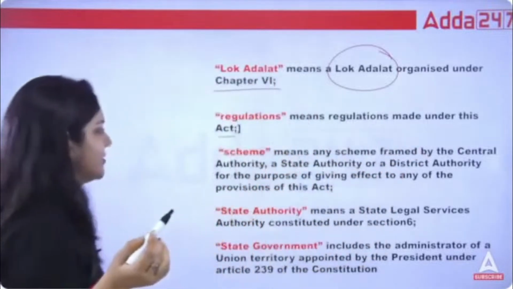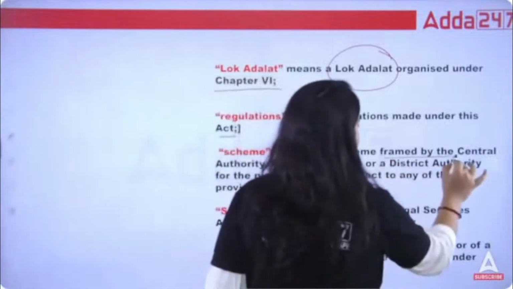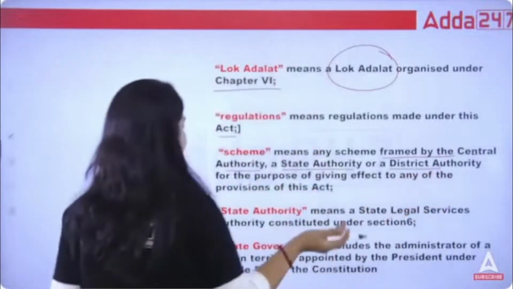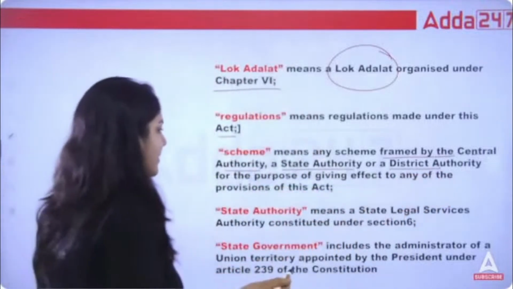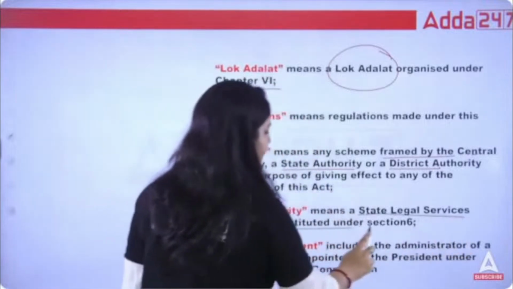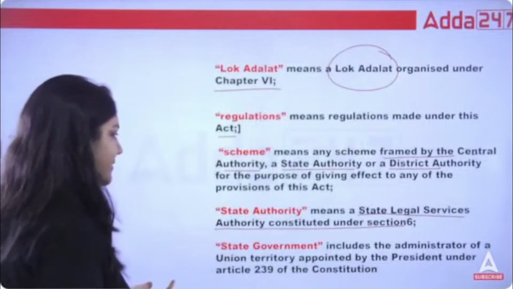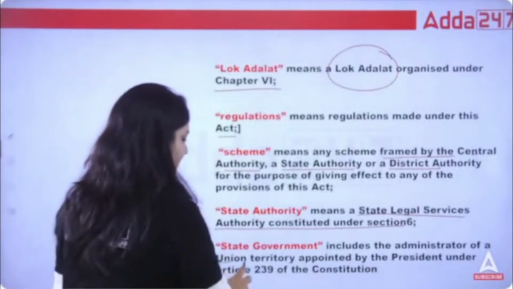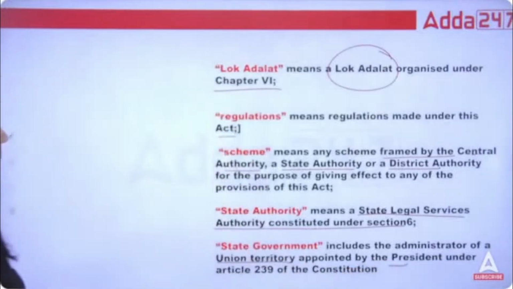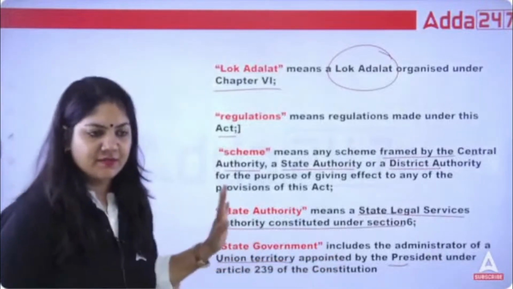Scheme means any policy framed by the central authority, state authority, district authority, etc. State authority means State Legal Service Authority constituted under this act. State government includes the administrator of a union territory appointed by the President under Article 239 of the Constitution. No need to remember these things.